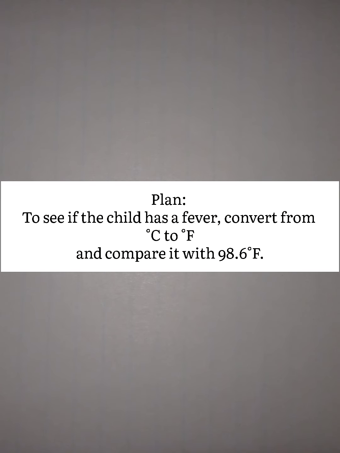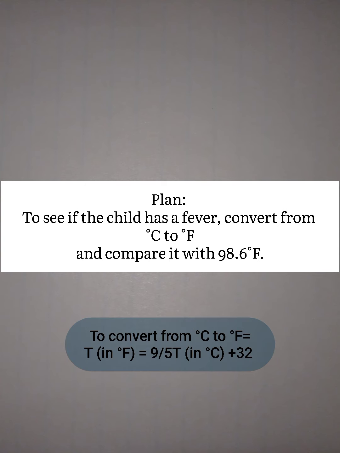To see if the child has a fever, we convert from Celsius degrees to Fahrenheit degrees and compare it with 98.6 degrees Fahrenheit. Then, to convert the child's temperature in degrees Celsius to Kelvin, we use this equation.